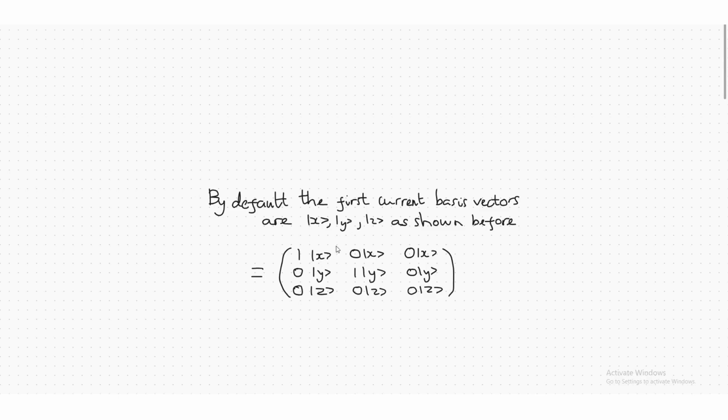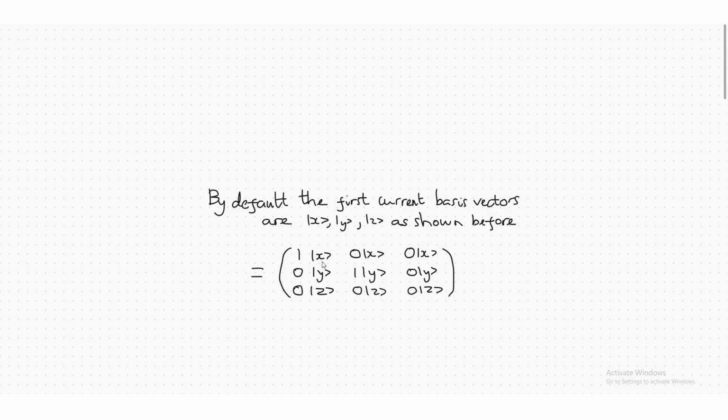What I've done is rewrite our matrix from before, but I've included the x basis vector, y basis vector, and z basis vector, so you can see clearly what I'm trying to convey. We see the first column, 1x, no y, no z. So the first new vector is just 1x. The second is just 1y. And the third is 1z.